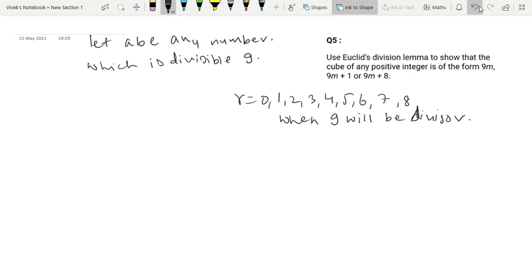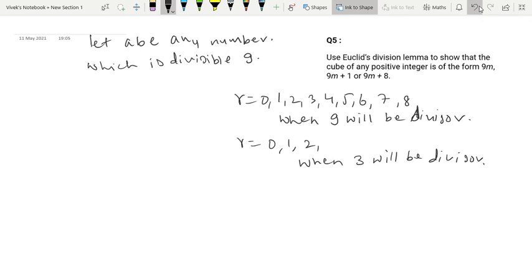But other possible remainders will be from 0 to 2, right, when the divisor is 3, because here 9 as well as 3, both are factors of 9.